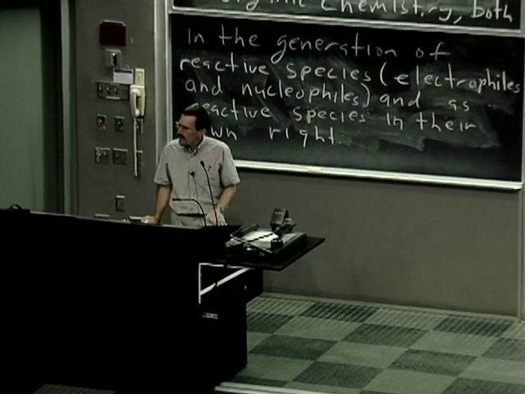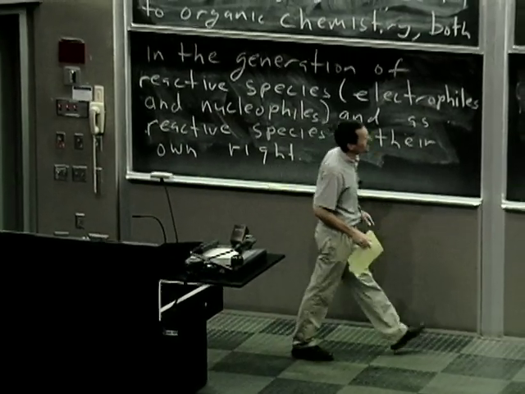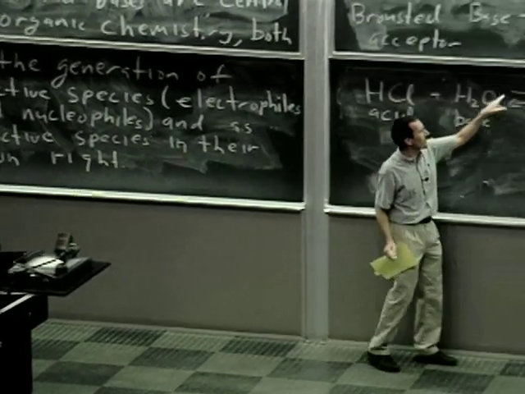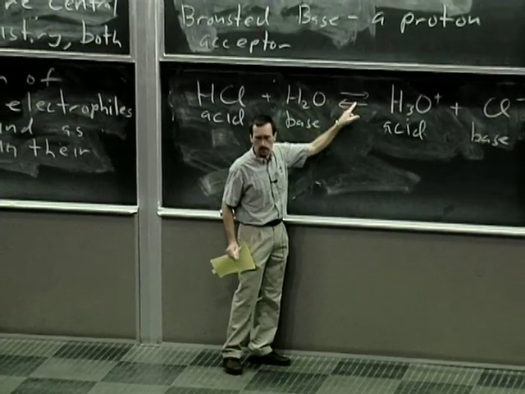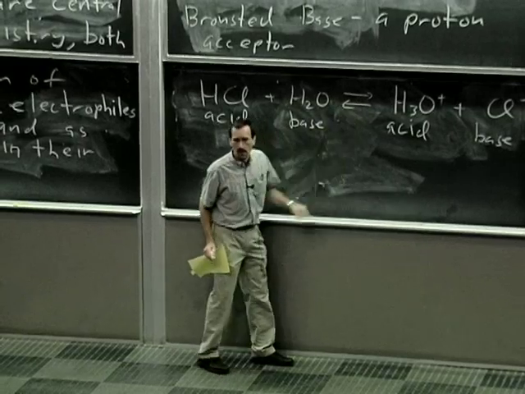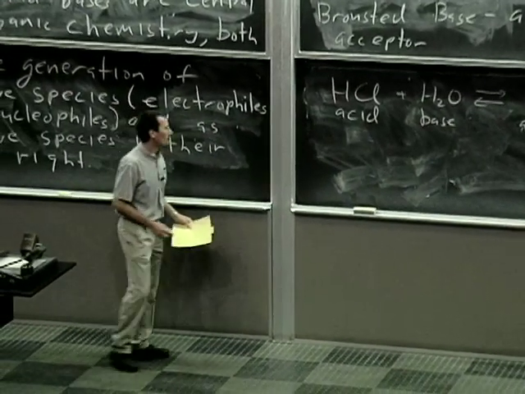We can write this reaction as an equilibrium. As I said, it happens to lie far to the right. In other words, if I wanted to amplify on this, I could draw a longer arrow on top and a shorter arrow on the bottom. But we can also write the reverse equilibrium.